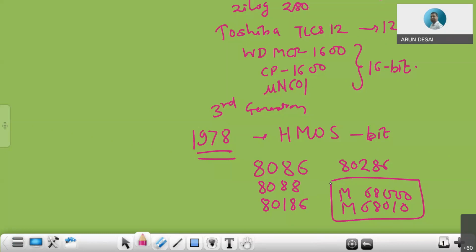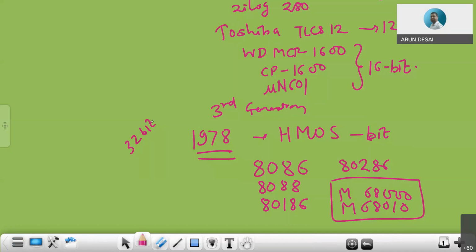So processing capacity is higher than second generation. Obviously, speed is also higher than the previous generation. Capacity also increased, right? Registers in earlier generations were 8 or 16 bit, but third generation came up with 32-bit size registers, right? So that is an addition over there.